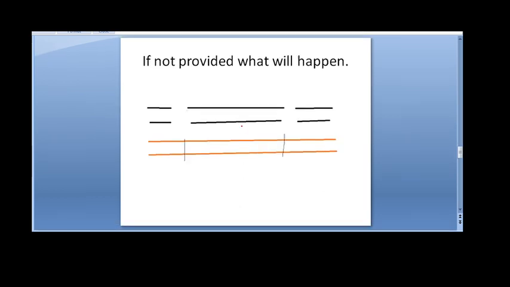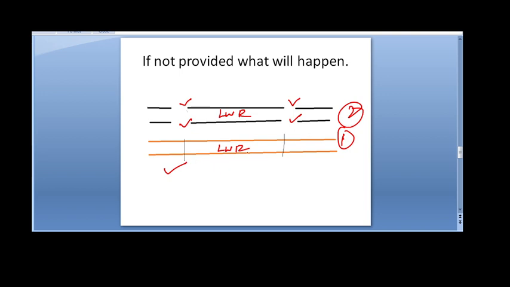Now the next question: what will happen if you don't provide this? Let us say this is a track which was not provided with SEJ. It is continuous like this. And this is a track which was provided SEJ here, here, here, and here. Let us say this is LWR and this is LWR.